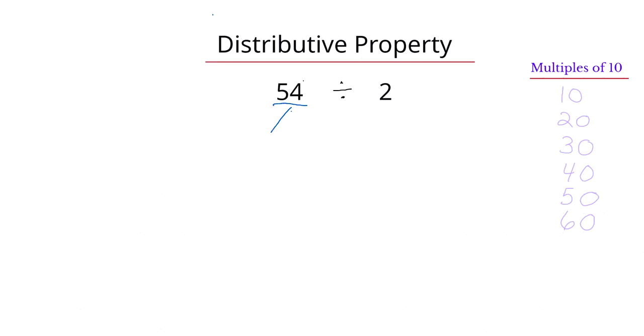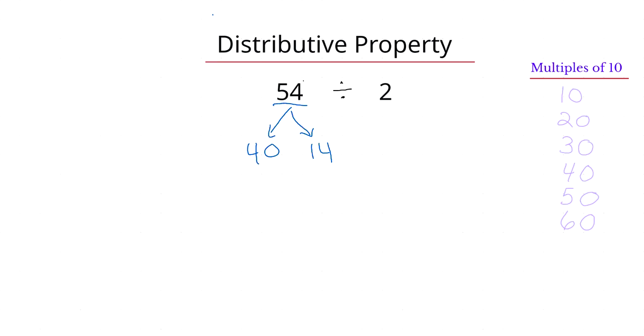Why? You want to make it easier to deal with. Now, I'm going to break this into the number 40 and the number 14. And you might ask yourself, how do I know what to break it into? Do you just pick some random numbers? Yes, you do.